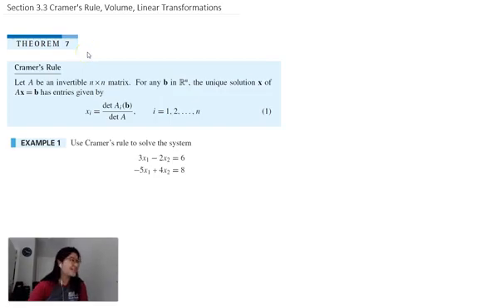Hello, welcome back. So we are looking at section 3.3, Cramer's rule, and then also volume and linear transformations.